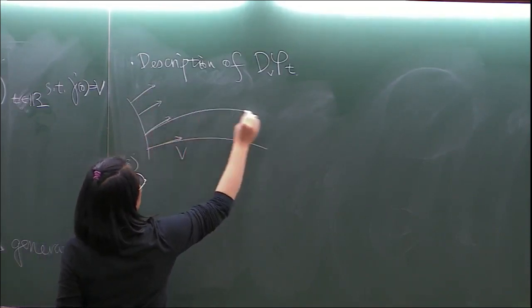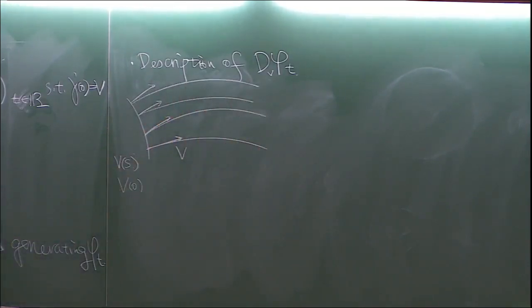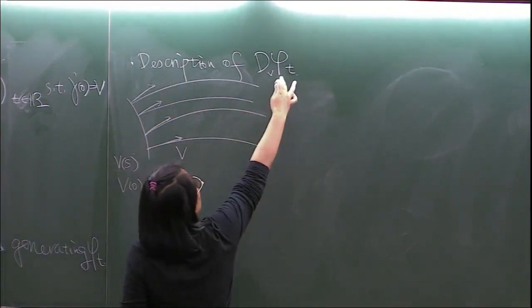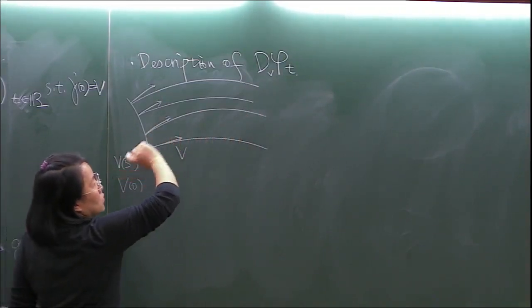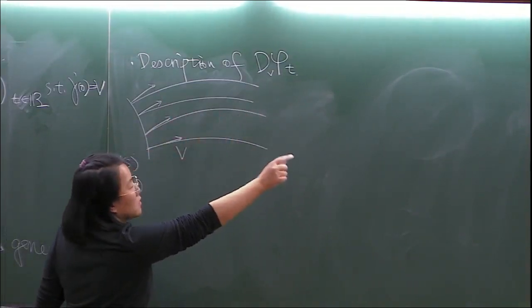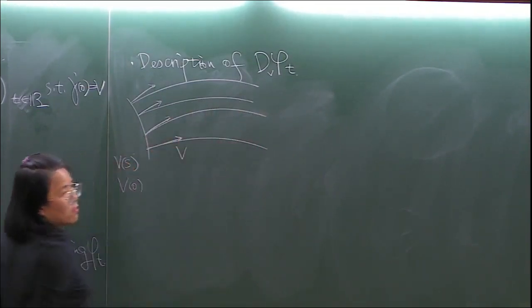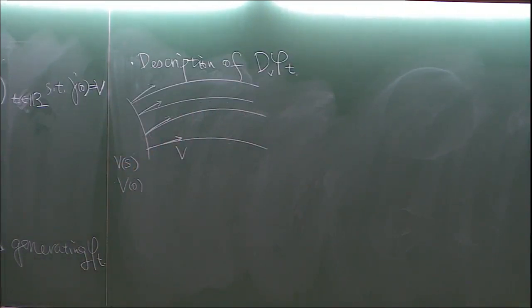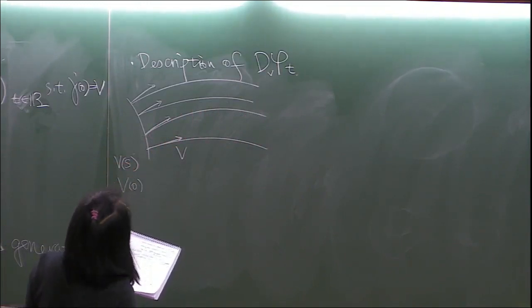Then you have the geodesics, locally like this. When you consider the tangent map of phi t, if you have an initial vector, then your orbit is the geodesic, and you have the parallel transport of this vector along the geodesic.